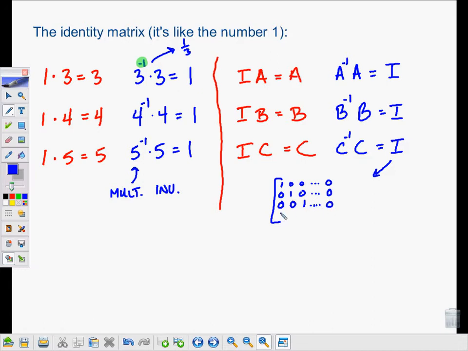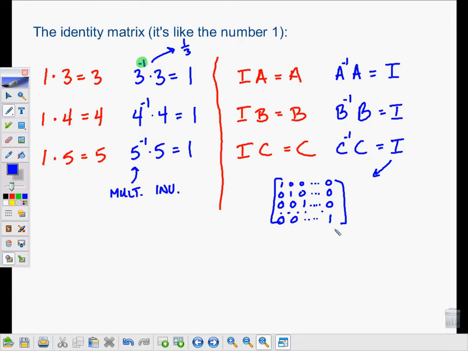And that keeps going until I get to my bottom row, wherever that is, and that ends with a 1. So this is going to look different, and the reason why it looks different is because it comes from the product of multiplying a multiplicative inverse of B times B, and B might be a different size than A, so it's going to be a little bit different.